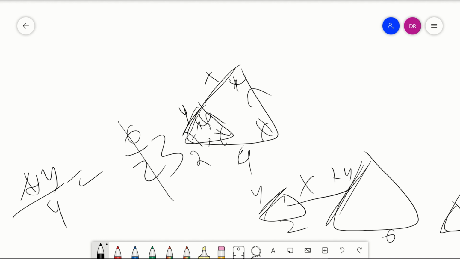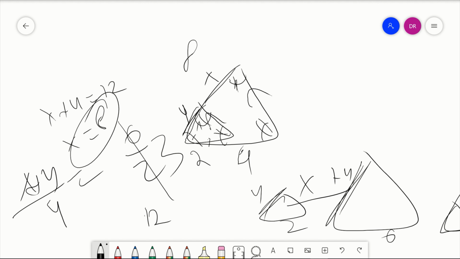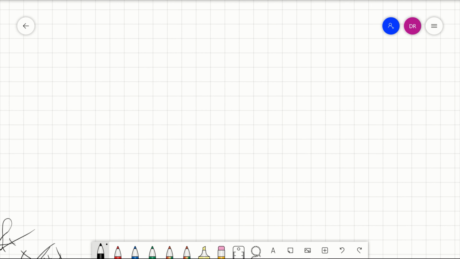And then 4 times 3 is 12. So x plus 4 is equal to 12. 12 minus 4 is 8. We know that x is equal to 8, and this whole length is 12. Pretty simple, right? Similarity problems aren't really that hard.